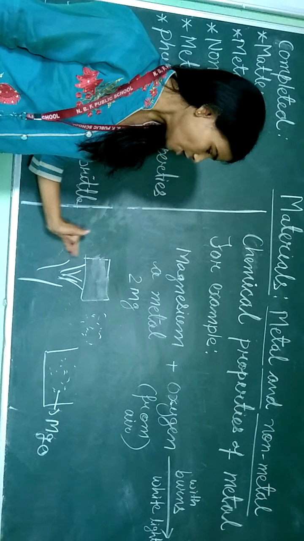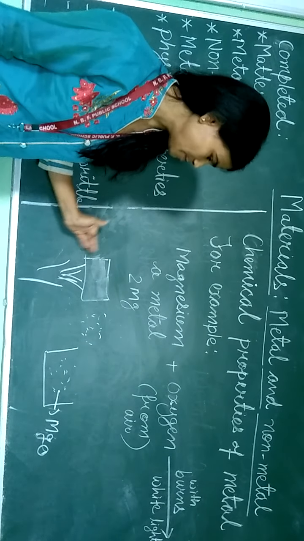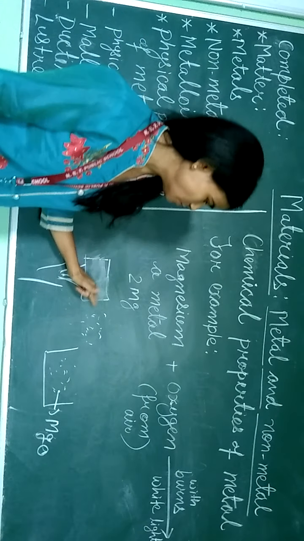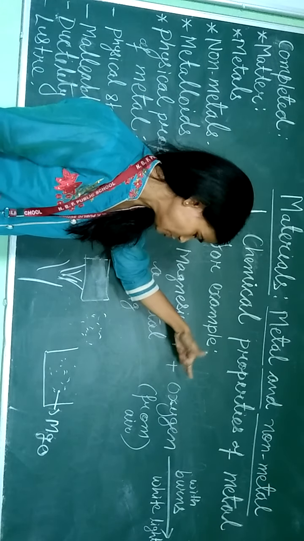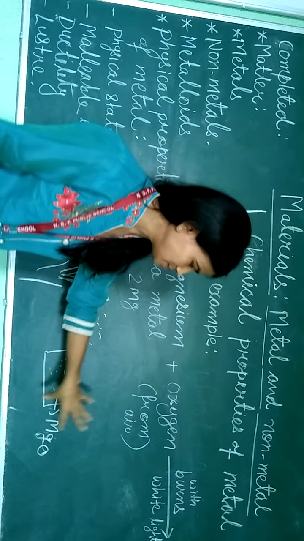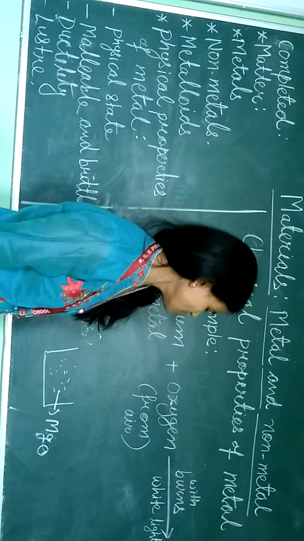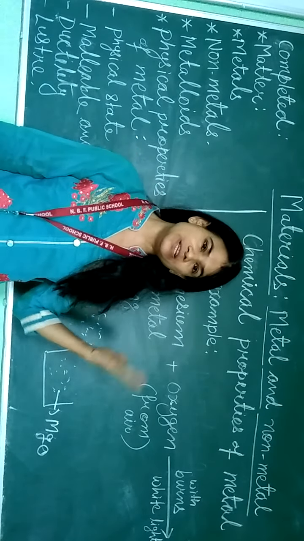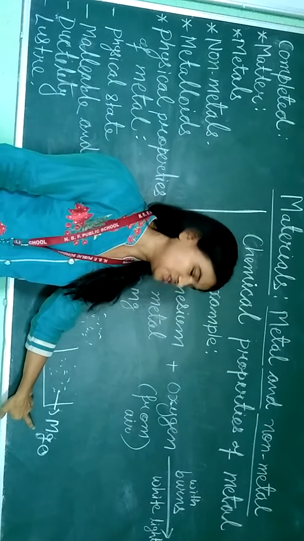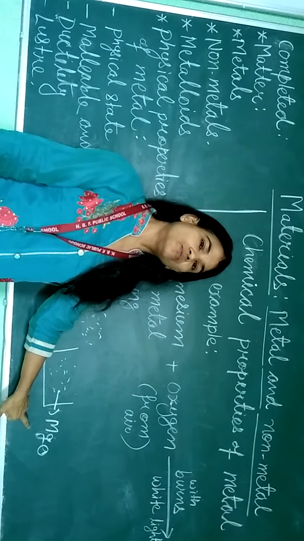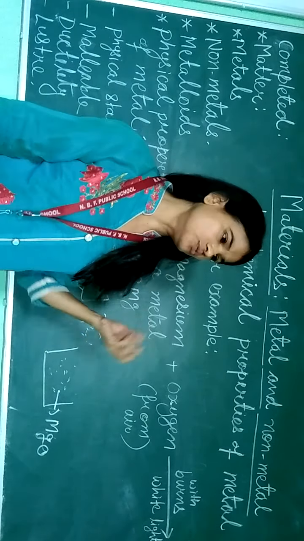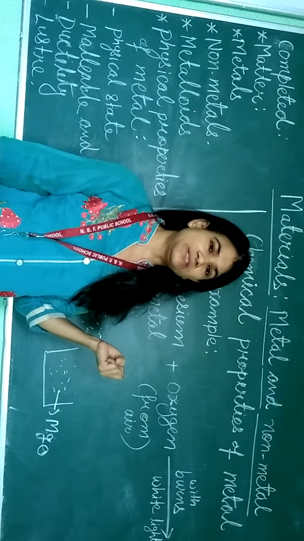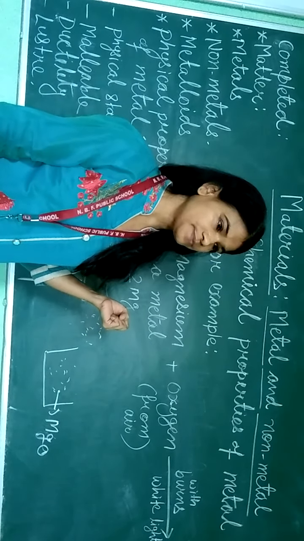So we give heat with the help of fuels, then it makes a powder. It reacts with oxygen and converts into magnesium oxide. This magnesium oxide is basic in nature, as teachers and senior students know, because there are acidic substances, basic substances, and neutral substances.